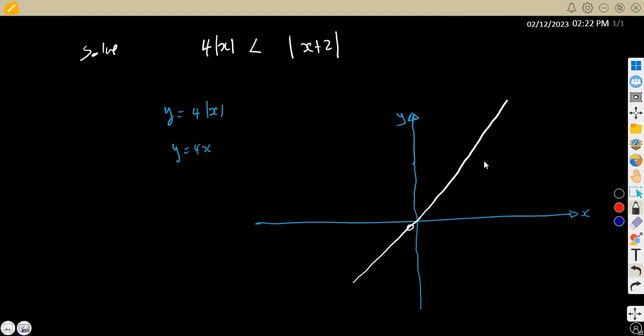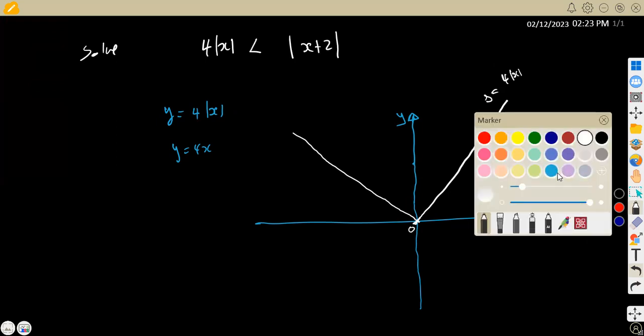But this is the modulus. We no longer work with the negative region. So we are going to take down or remove the negative region. Then we write it as a reflection in the other part of the region like this. All right, so that's y, which is equivalent to 4, the modulus of x. So like I said, it simply means it's a combination of two graphs.